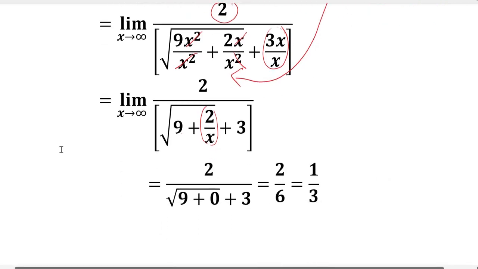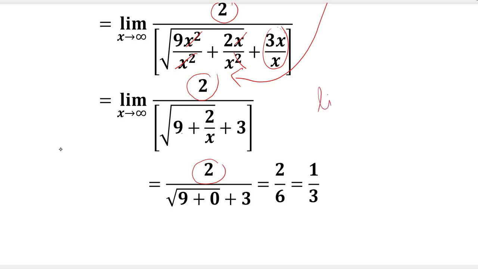Now if we apply the limit, the denominator is not 0, so we can apply the limit straight away. 2 is a constant, so the limiting value of a constant is that constant.